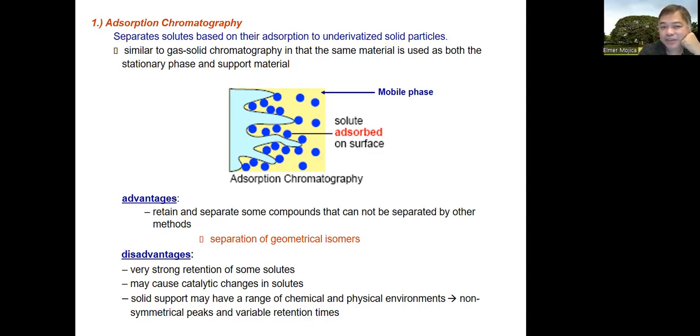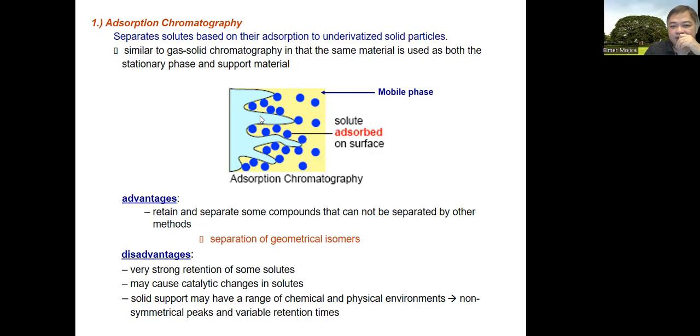Okay. So it separates the solutes based on their adsorption to underivatized solid particles. This is similar to gas-solid chromatography in that the same material is used as both the stationary phase and support material.